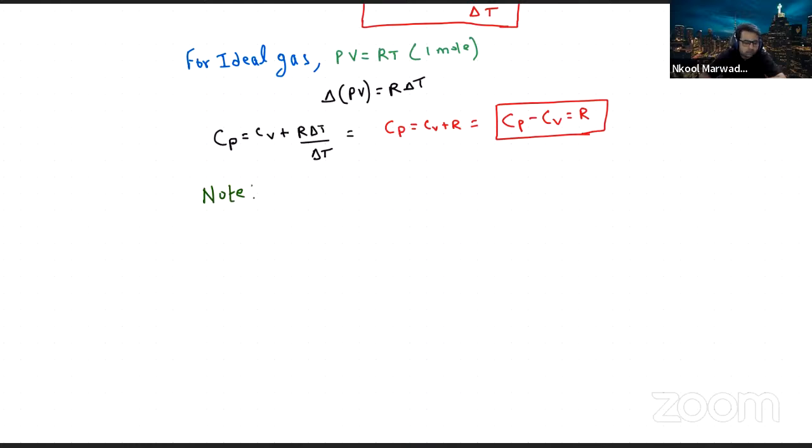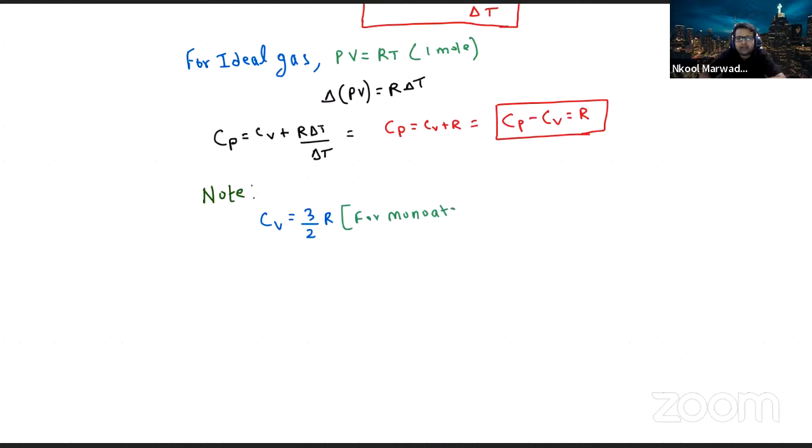Cv is equal to 3 by 2 R, and this is applicable for monoatomic ideal gas. Monoatomic means single atom.